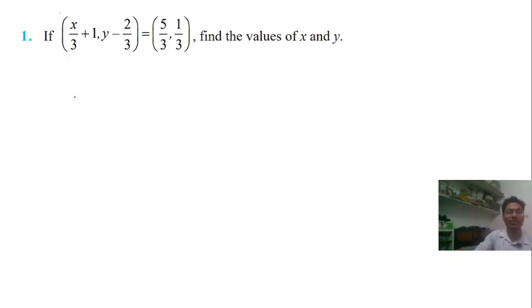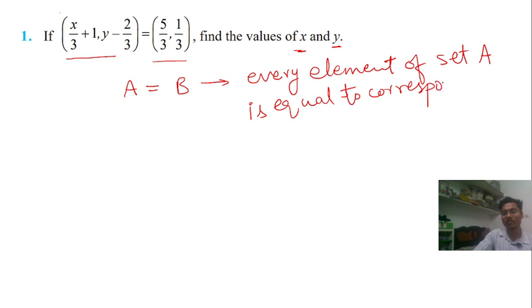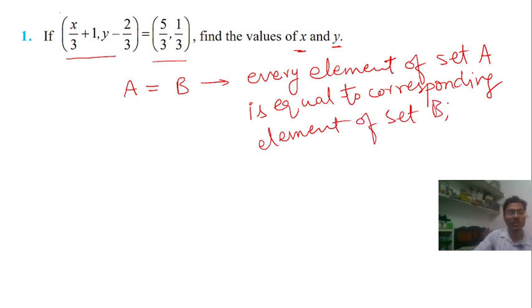So first question is saying that if this set is equal to this set, find the value of x and y. So what we will have to do: if set A is equal to set B, then every element of set A is equal to the corresponding element of set B. So we will use the same concept.